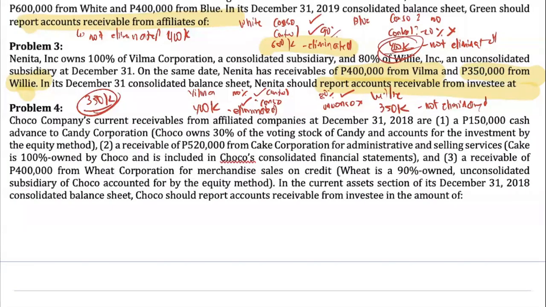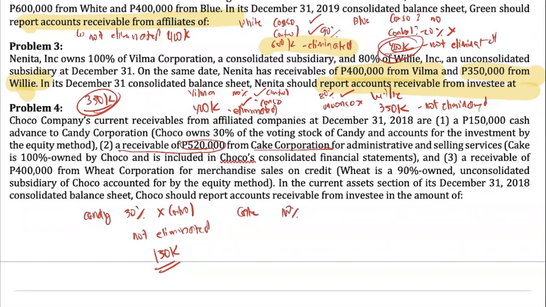Problem 4, Choco Company from affiliated companies. So, 150,000 cash in Candy. So, sa Candy, you have 30% ownership. So, no control. So, not eliminated to. How much? 150,000. Next, receivable of 520 from Cake. Cake is 100% owned, so there is control.